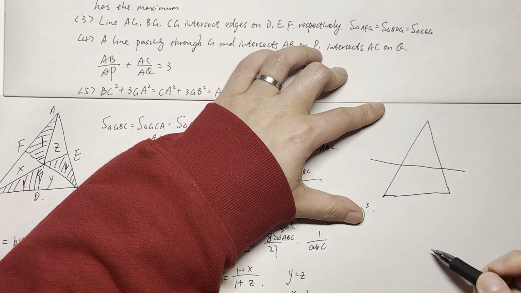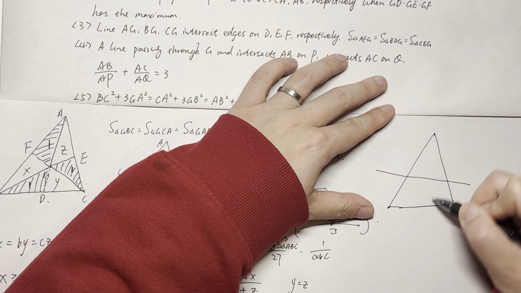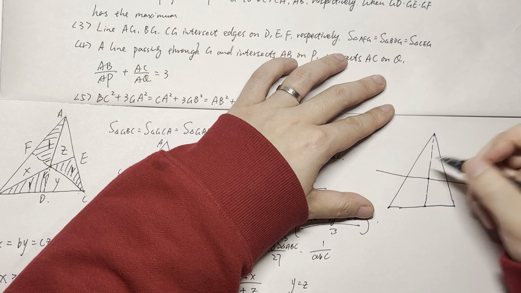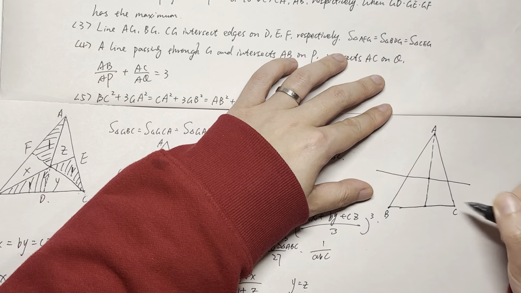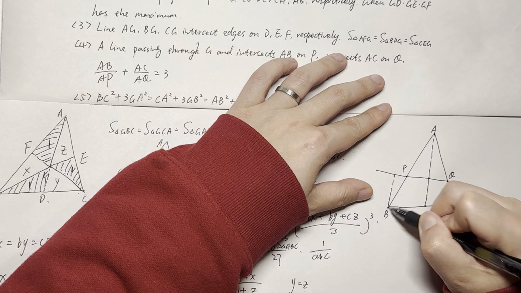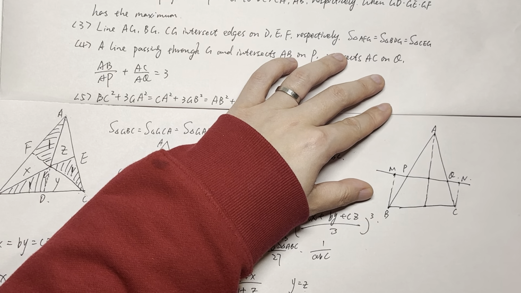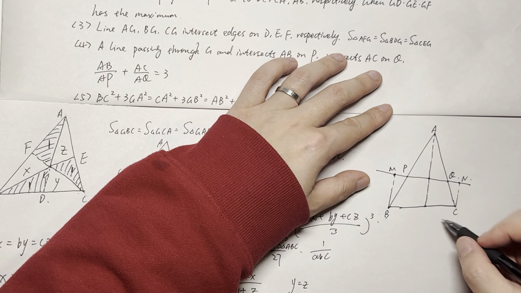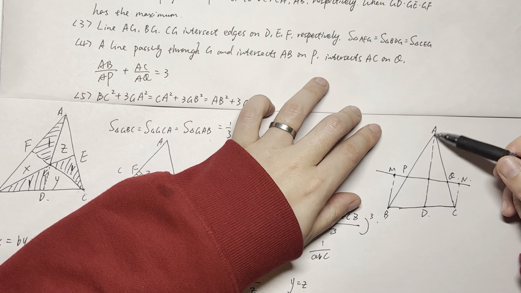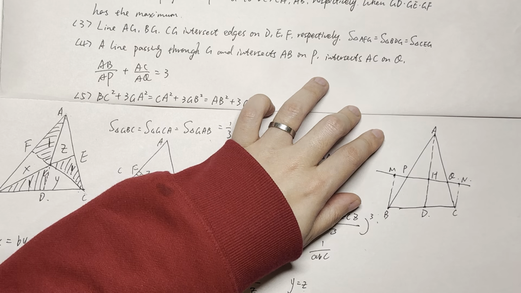We just have a line here, and we can draw the median. Let's call this A, B, C, P, Q. We still draw the parallel lines, M here, N here. It's still the median, and this median intersects PQ at another point. Let's call it H.